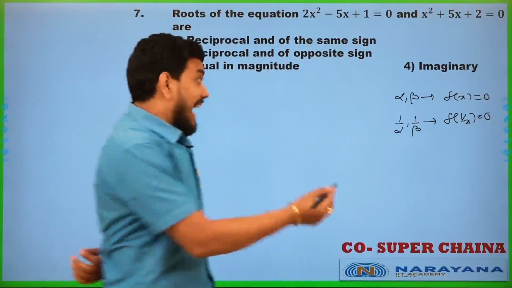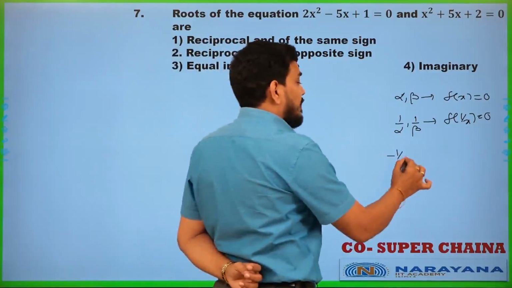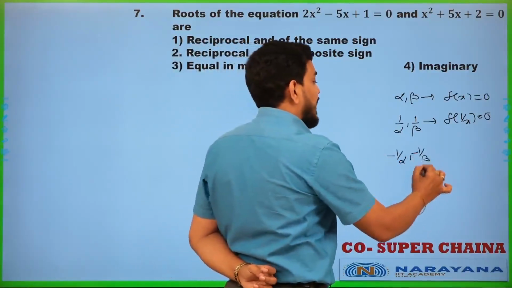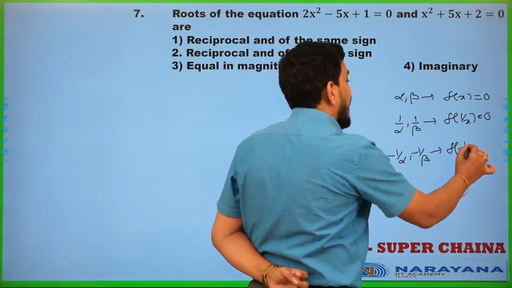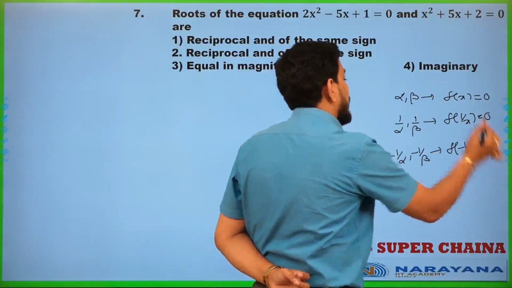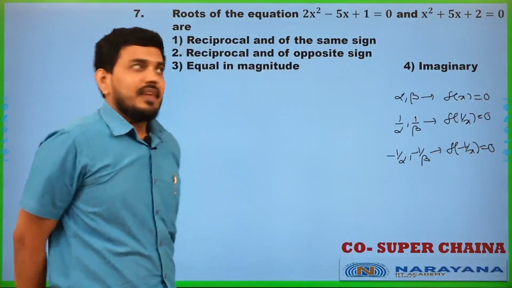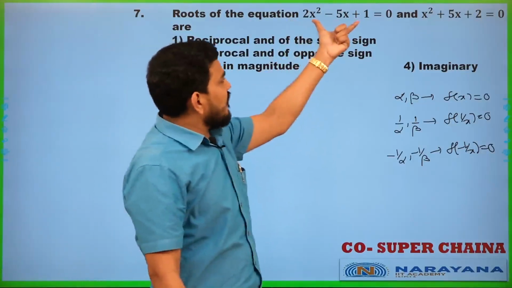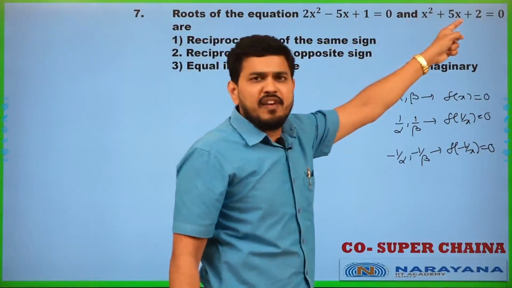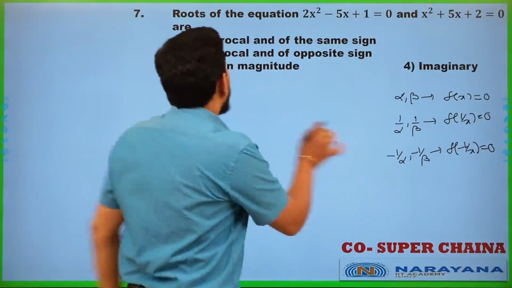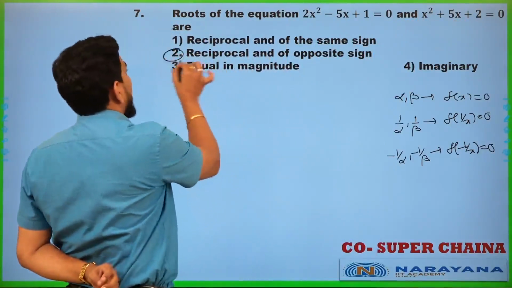And minus 1 by alpha, minus 1 by beta will be the roots of f of minus 1 by x is equal to 0. If you observe, this is f of x, this is f of minus 1 by x. So, by observing you can say this one as the answer.